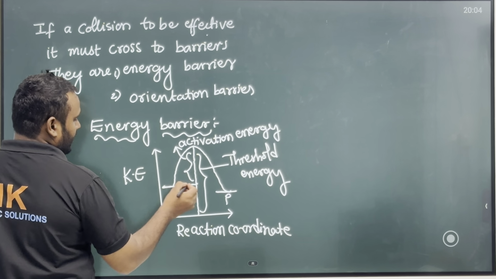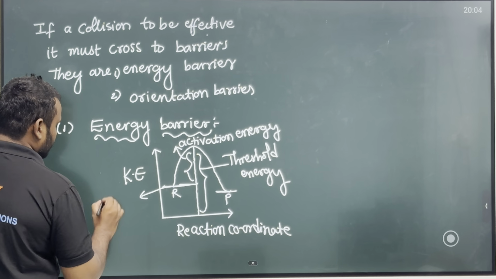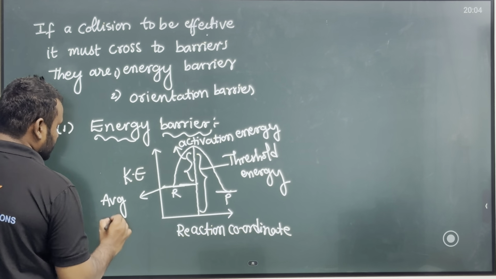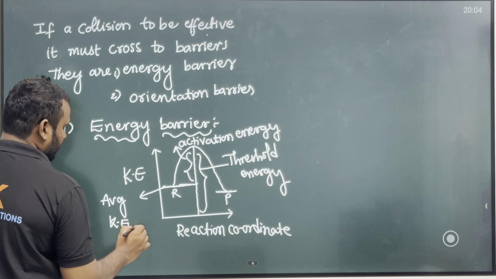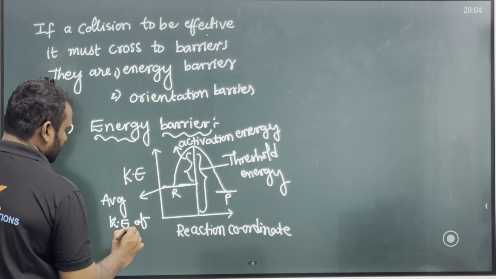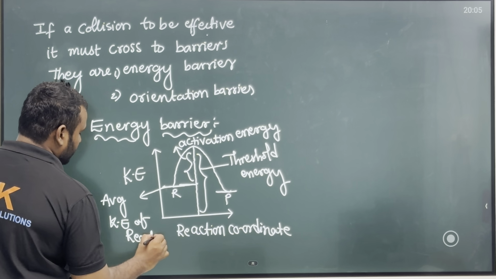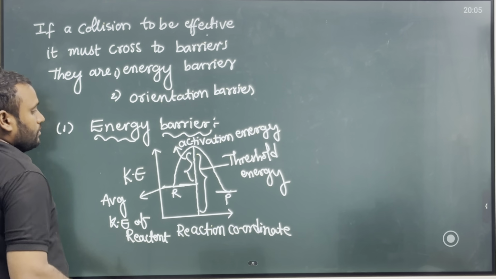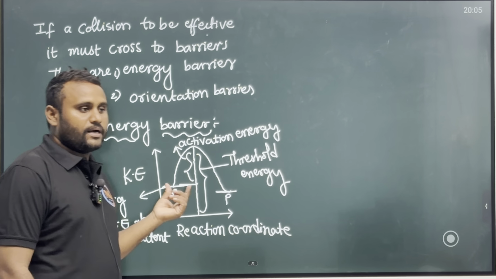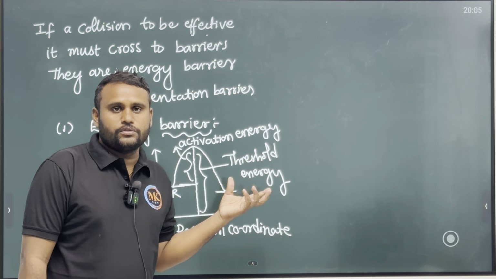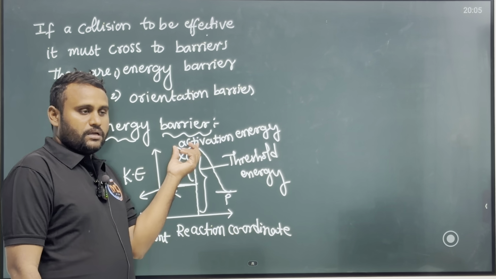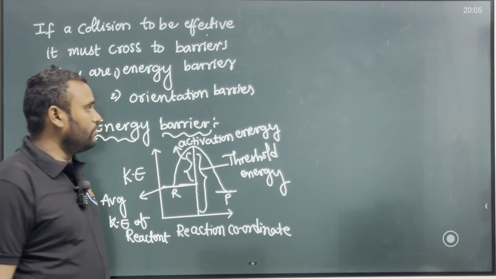So this is the average kinetic energy of the reactant. If a reactant wants to give product, it must cross this energy barrier, then only it will give the product.